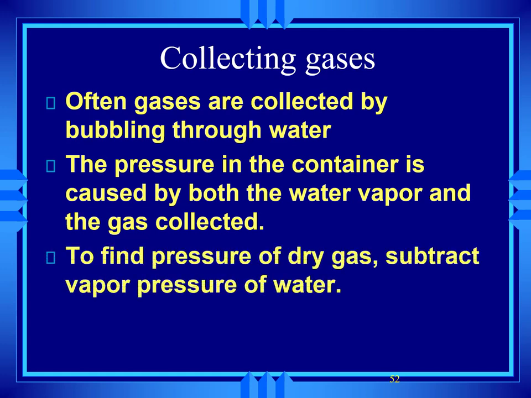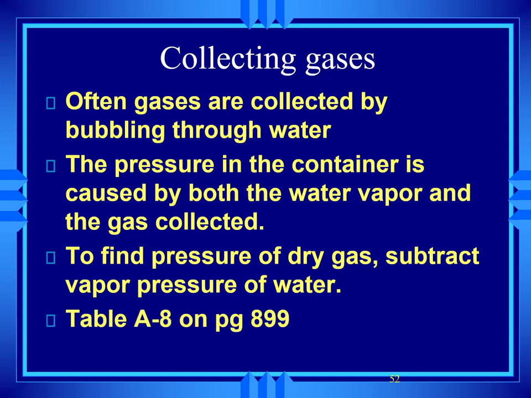Okay? So in order to find the pressure of the dry gas, that means the gas without the vapor, you have to subtract the vapor pressure of water. Which means you would have to know the vapor pressure, the pressure caused by water vapor.